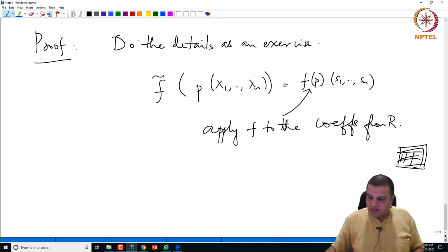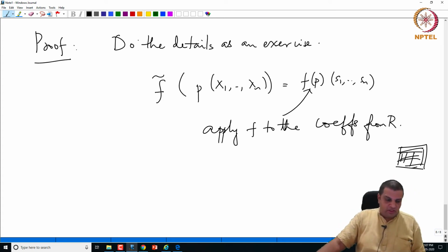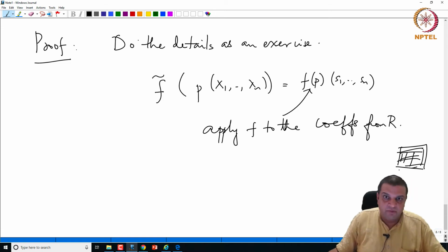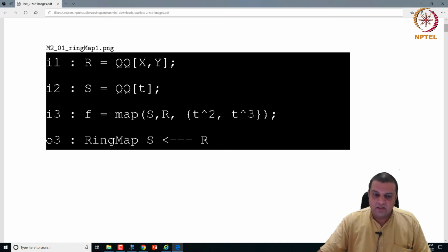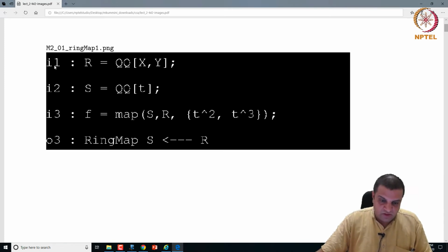Okay. So now let's look at a little bit of Macaulay 2 code to see how this is done in Macaulay 2. So I'm defining a ring with two variables x and y with rational coefficients as R. Another ring with variable t, rational coefficients, call that ring S. Then we define a map, f.